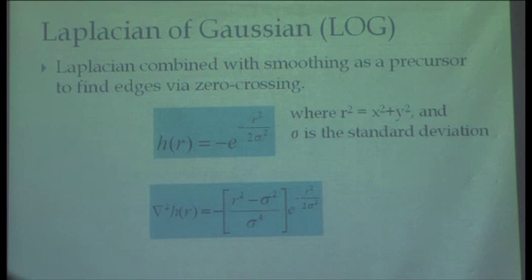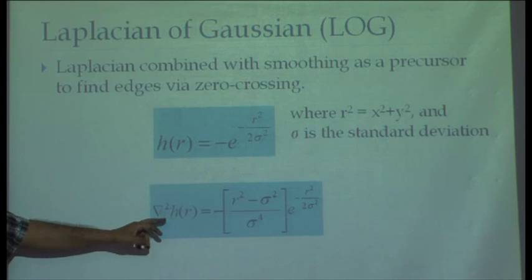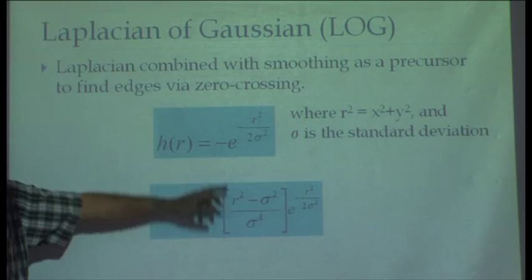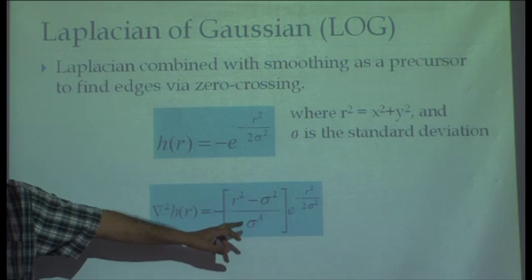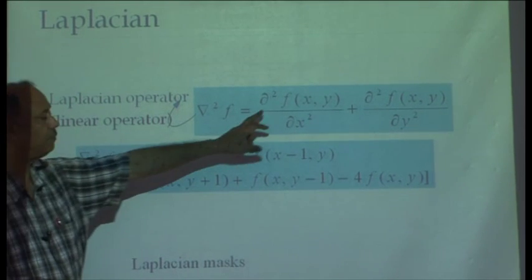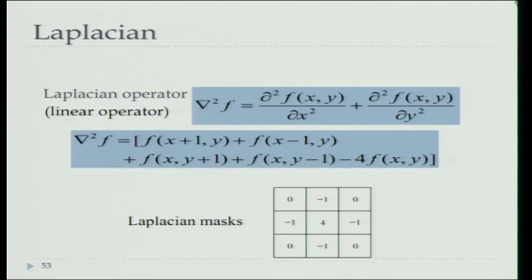Now, if I take the second derivative of this, then I will be getting this. Just take the first derivative and then the second derivative of the function, so twice you have to perform it.